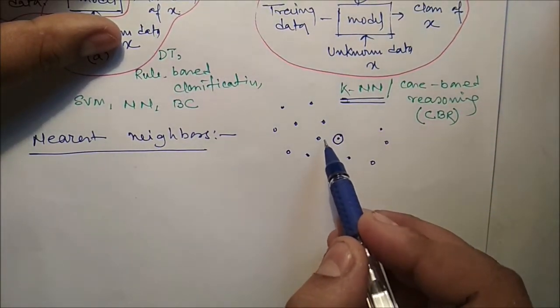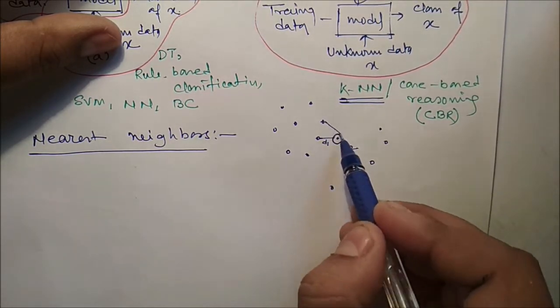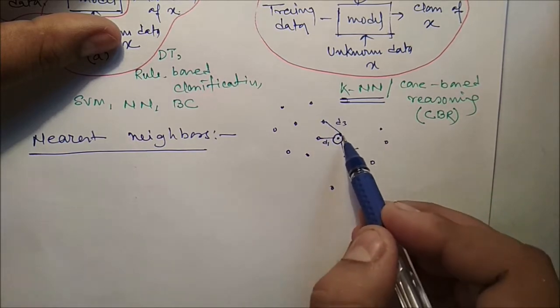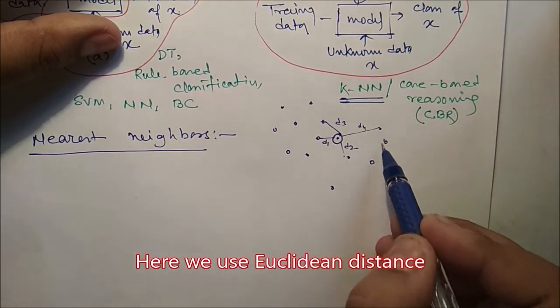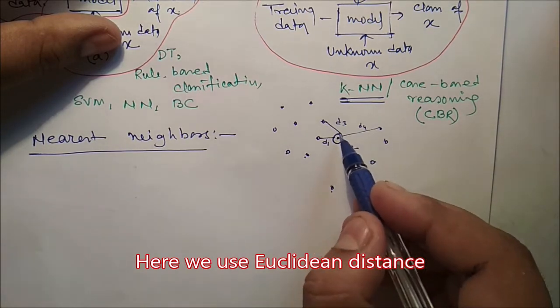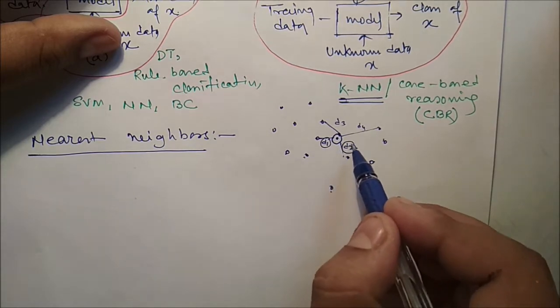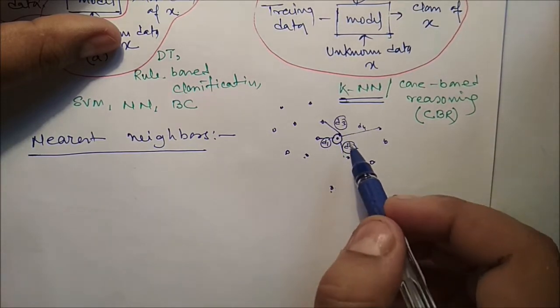So we have to calculate the distance here. This is our distance D1, this is D2, this is D3. Similarly this is D4, D5, D6, D7, D8, D9. So which are the nearest neighbors? Say the first three nearest neighbors for this particular data are D1, D2 and D3, because these are the three smallest distances.